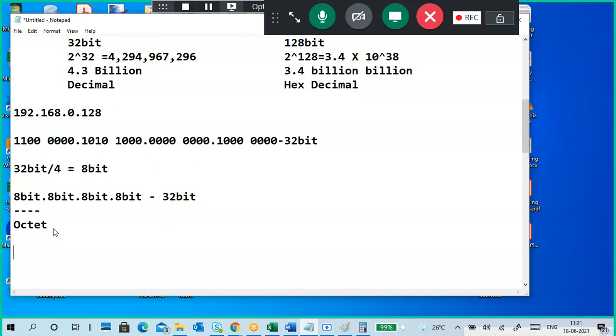So the first part is the first octet, second part is the second octet, third part is the third octet, fourth part is the fourth octet. What is an octet? One part is an 8-bit number. Yeah, very good.